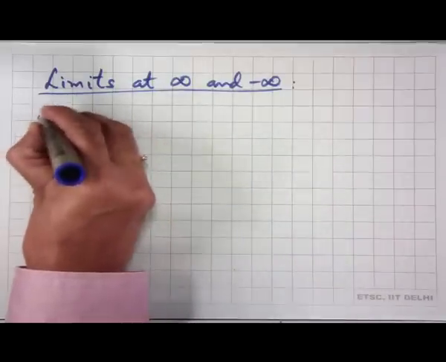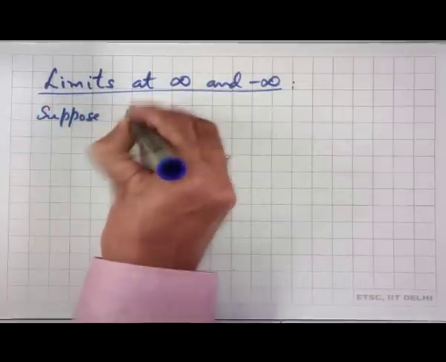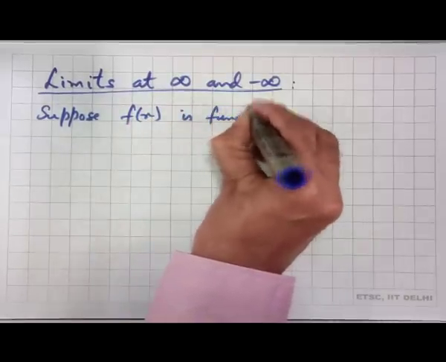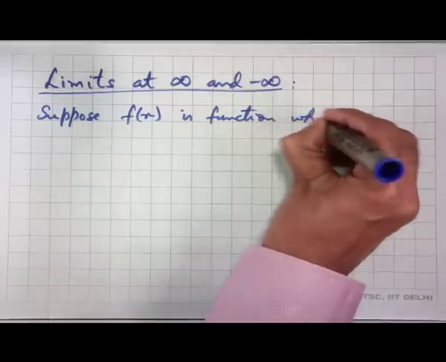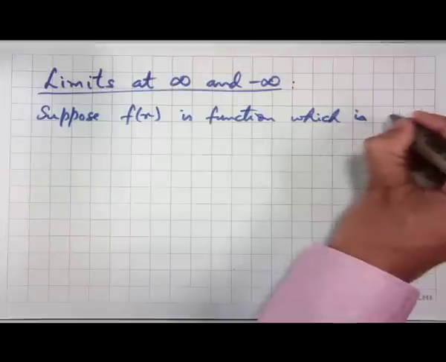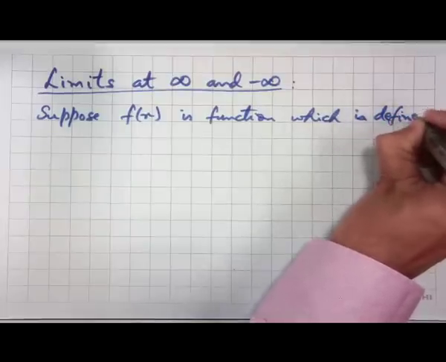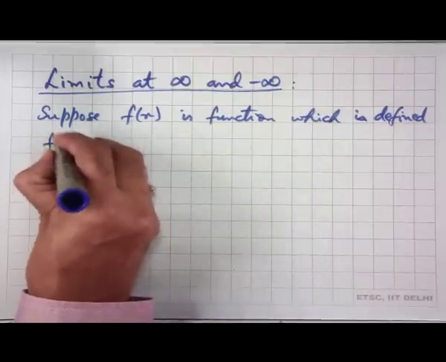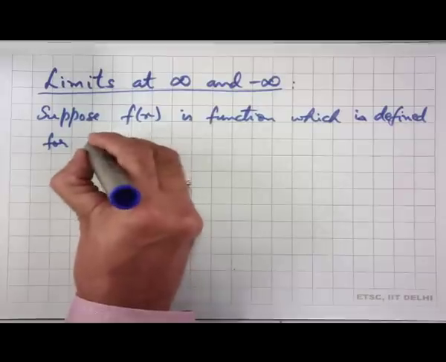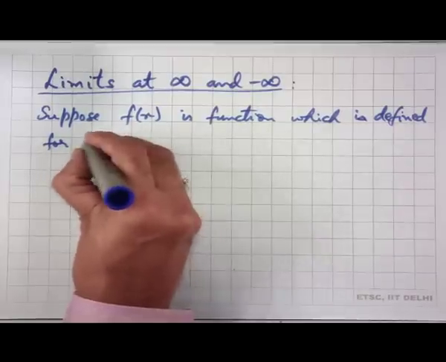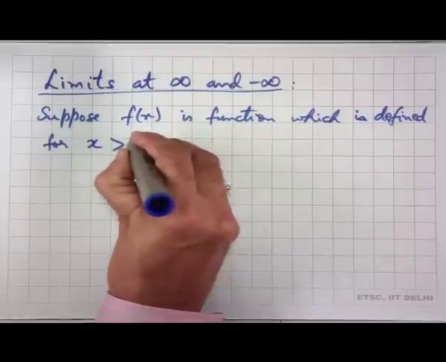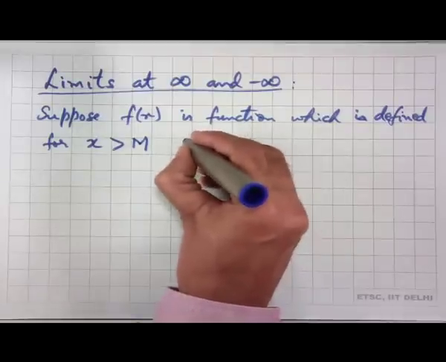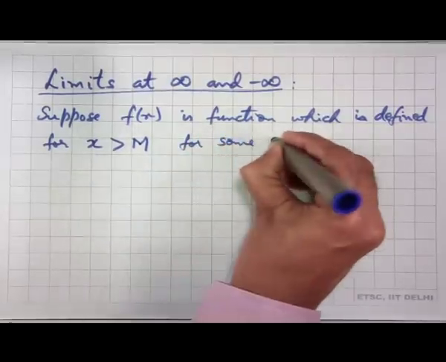Suppose f of x is a function which is defined for x greater than m, for some positive m.